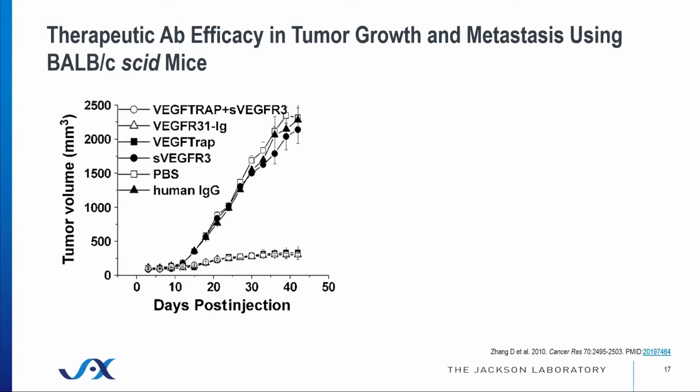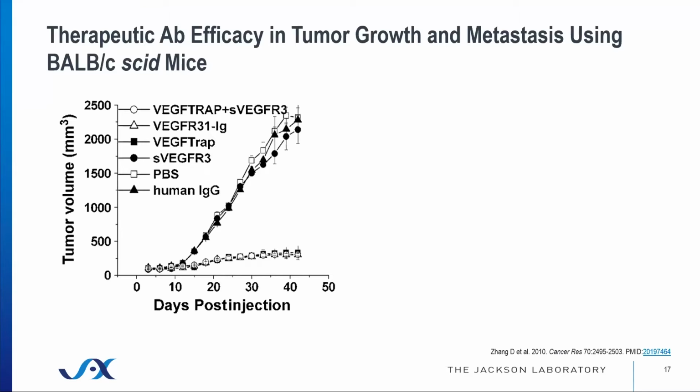The authors looked at the effect of the VEGFR Ig fusion protein, denoted above as the VEGFR31 Ig, and its effect on tumor growth and the metastasis for the HCCLM3. As you can see in this figure, the antibody potently blocked the tumor growth over time.